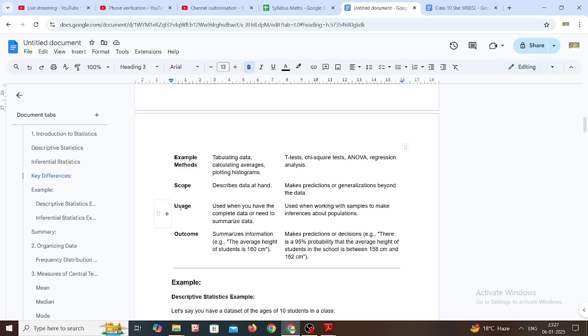This is very much important. Where do we use descriptive statistics and where do we use inferential statistics? Descriptive statistics is used where we have a whole lot of data.